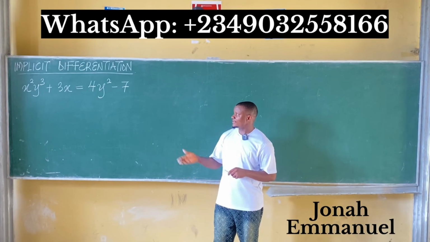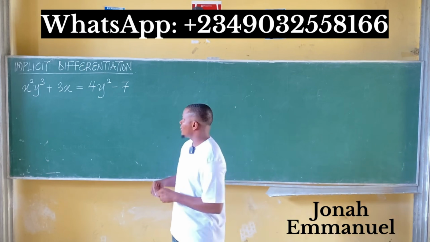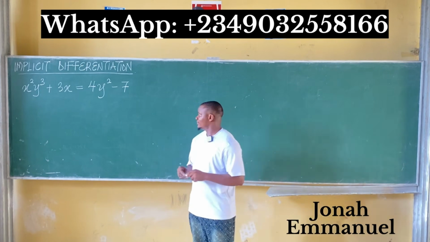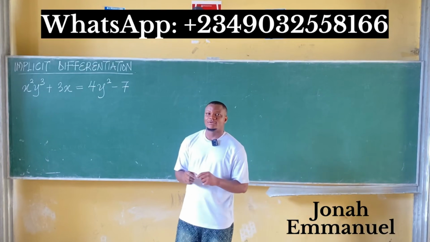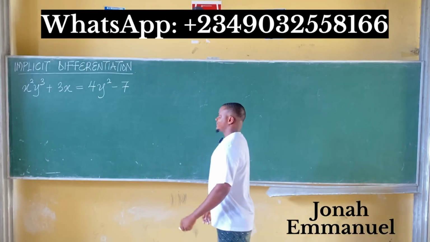Find the dy/dx given that you have x squared y cubed plus 3x is equal to 4y squared minus 7. So look up, please.